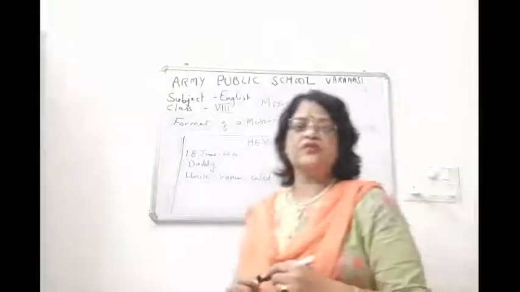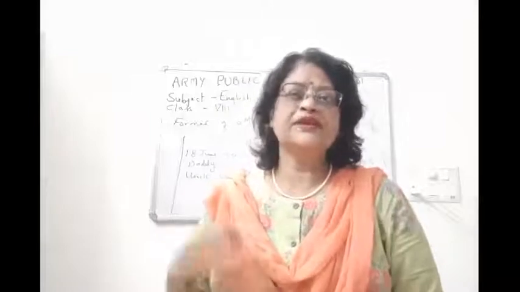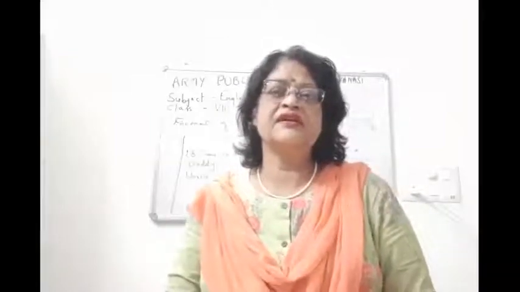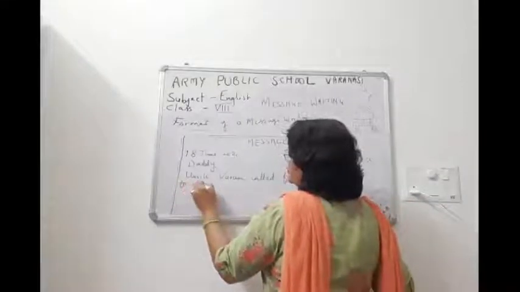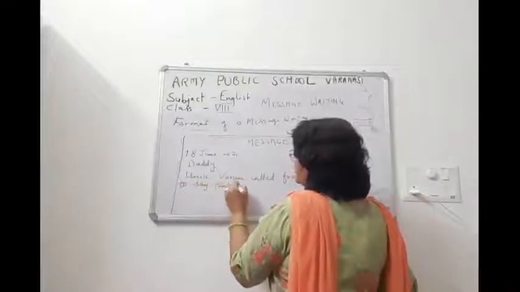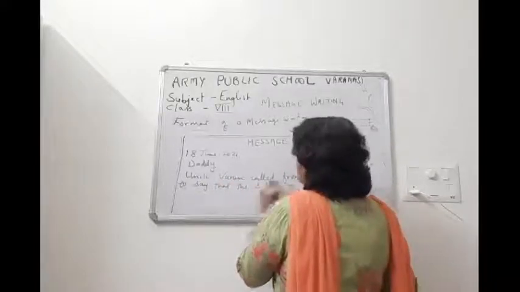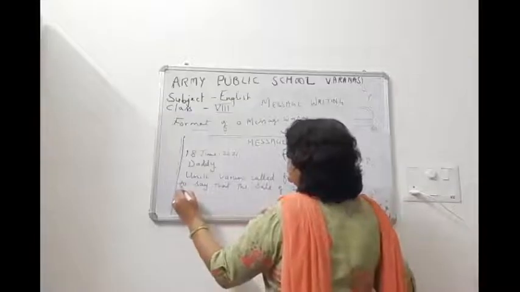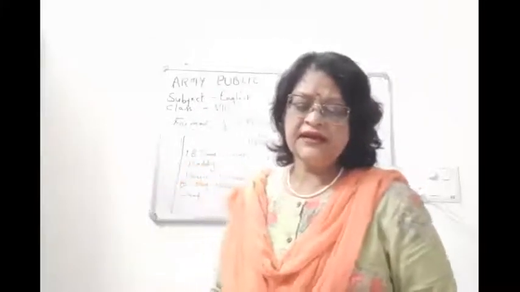Uncle Varun called, for the first time, children. What you have to write? You have to write the name of the person who is giving the message. The initial line of the message should be this only. Uncle Varun called from Bhopal to say that the sale of the land has been finalized.